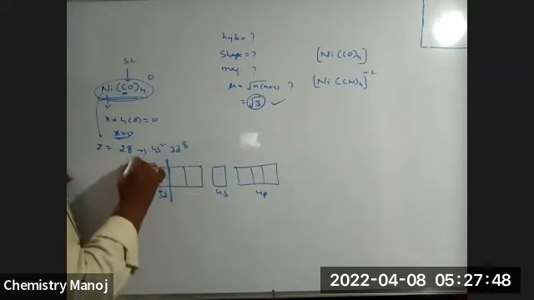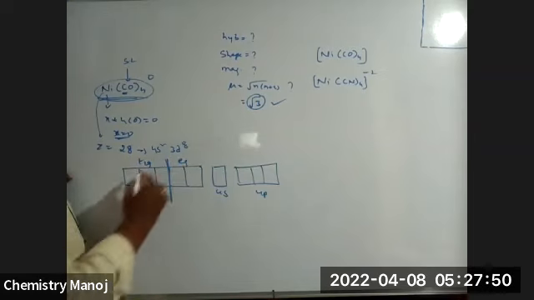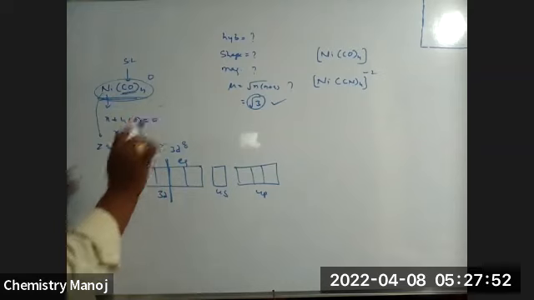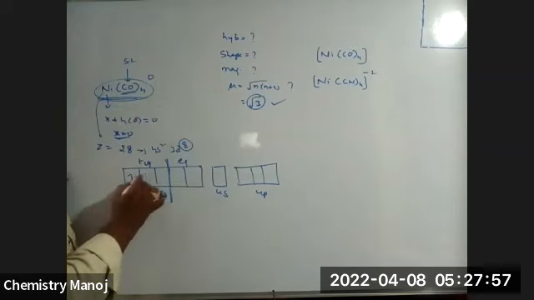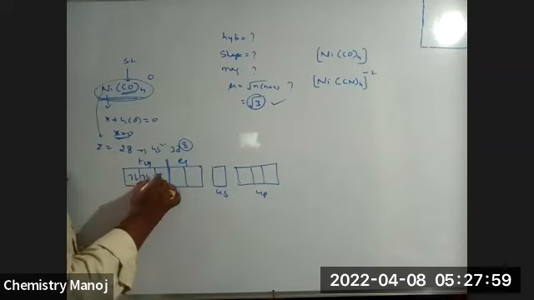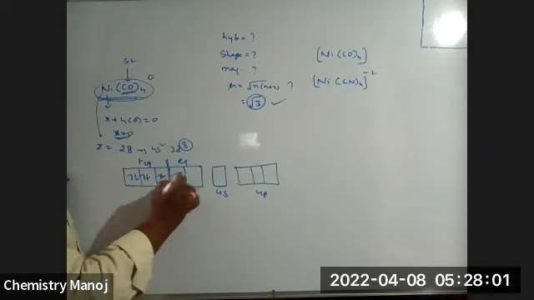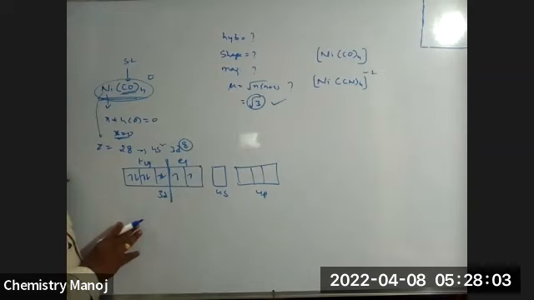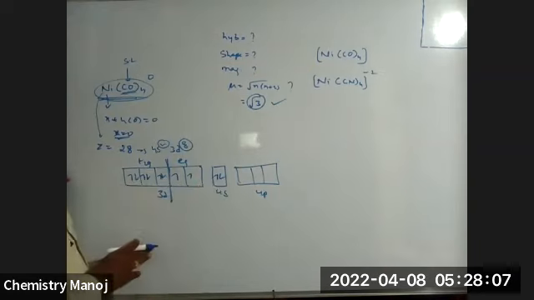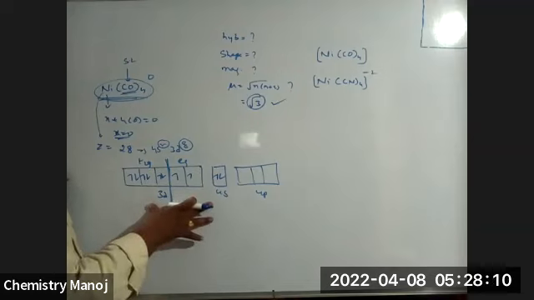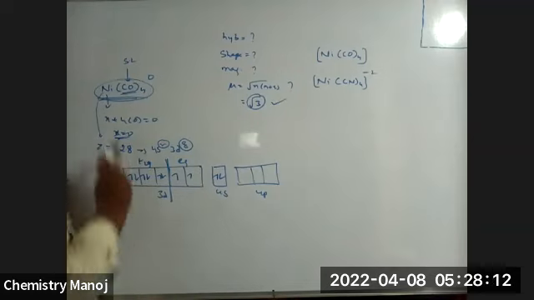The t2g orbitals are filled first, then d8: 1, 2, 3, 4, 5, 6, 7, 8. Then 4s2. This is the ground state electronic configuration of nickel in this particular complex.